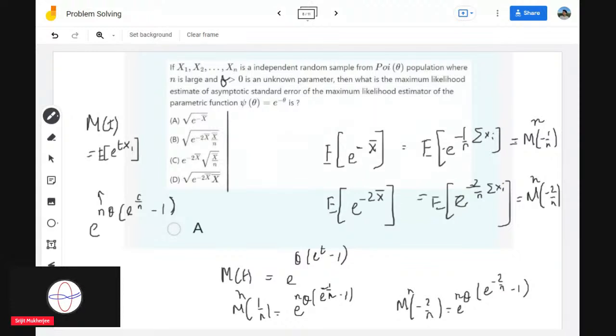Oh, I see. Okay. So asymptotic standard error doesn't mean the variance. It includes n, if you observe that. No, wait, what I'm saying. So actually, it should be... Yeah, you're right. So this problem is wrong. This problem is wrong. Yes. So I will just tell the people out here. This problem is wrong.